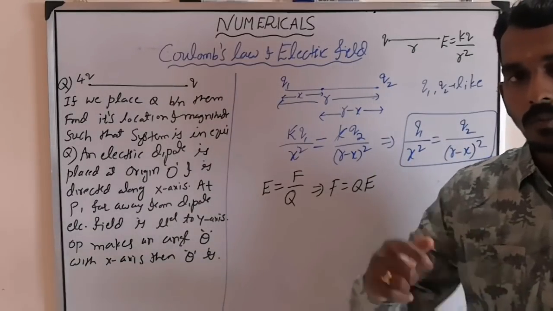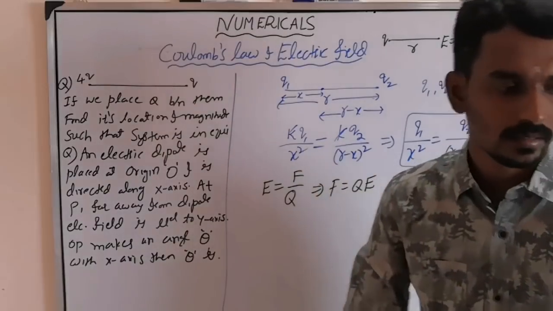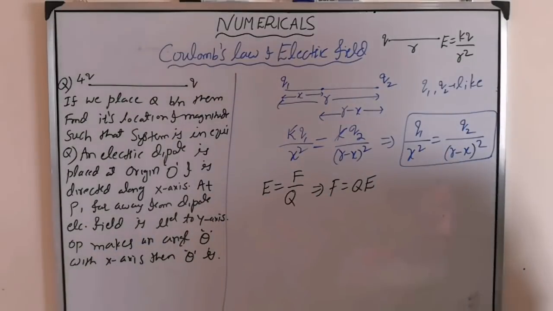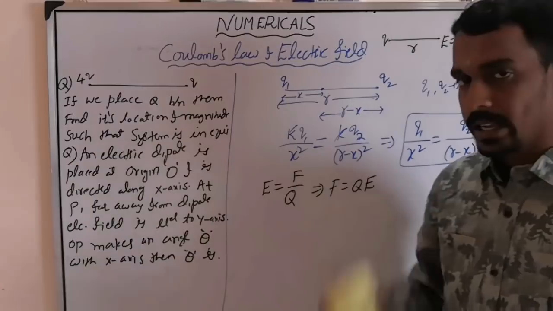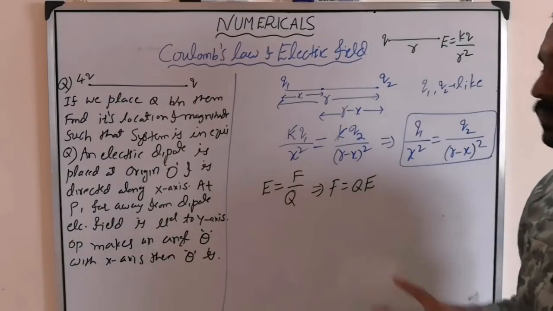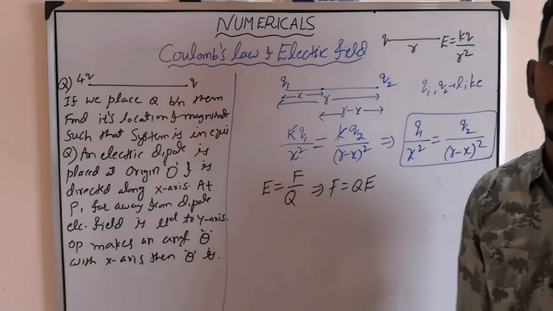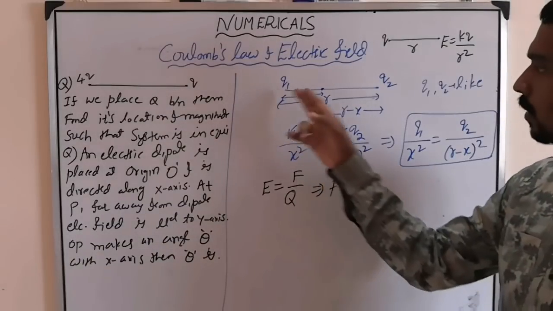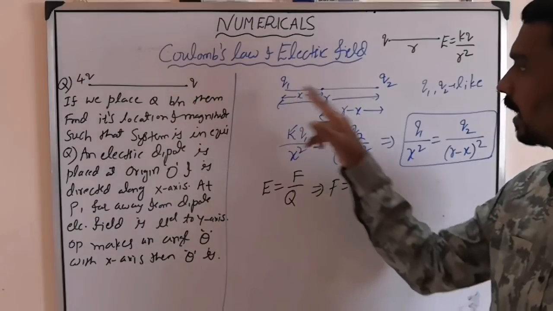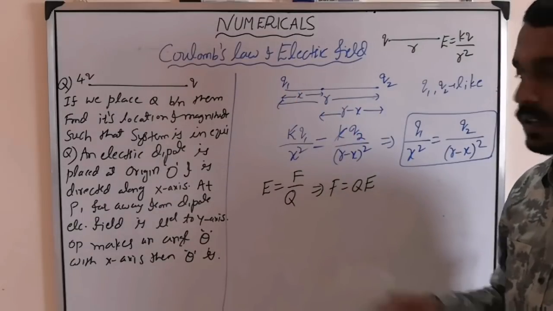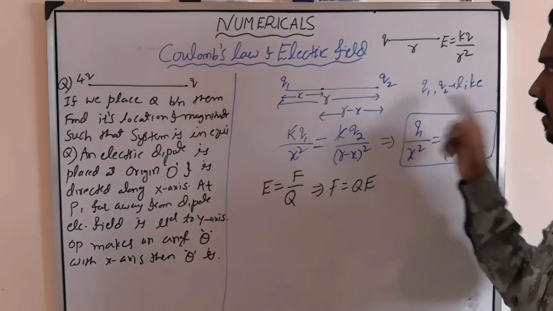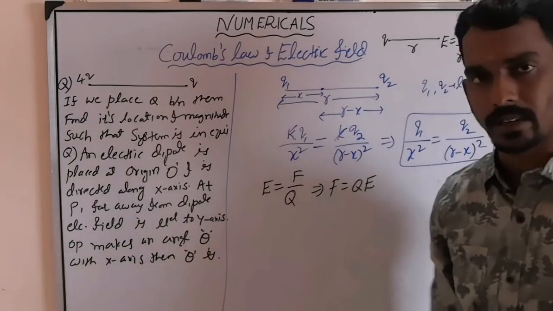Now, one more question should rise in your mind. Here, I have taken two charges that are like charges, either positive or negative. Suppose both are positive: the field due to Q1 is rightward, the field due to Q2 is leftward.